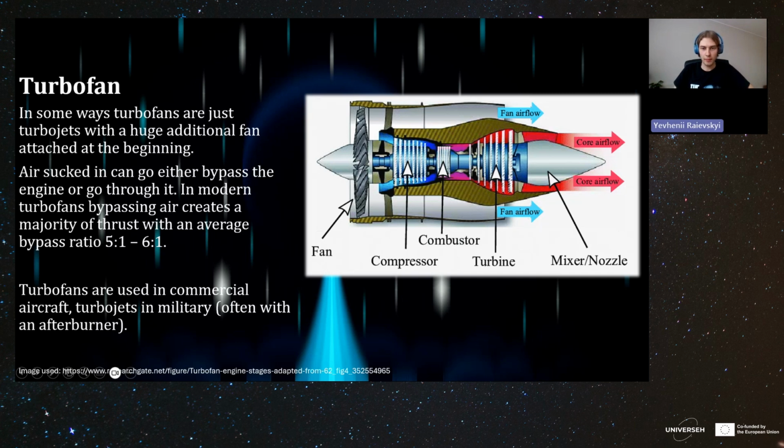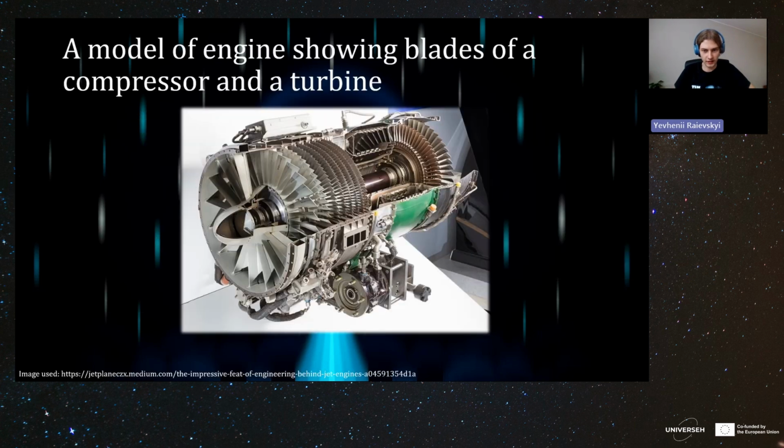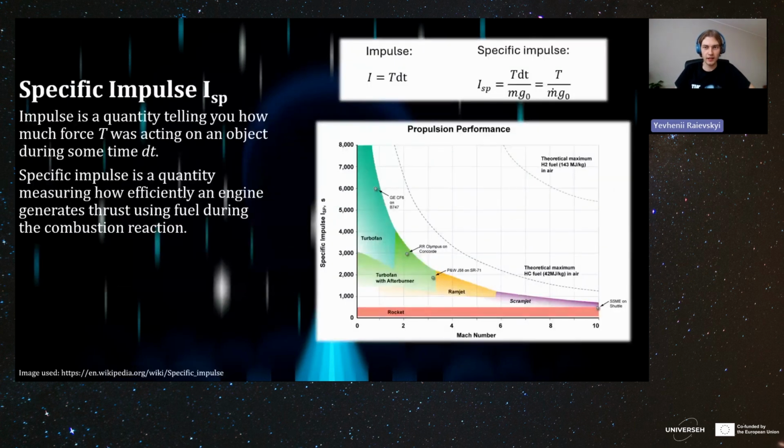And this bypass air also generates thrust, but the trick is that this bypass air is included in the thrust but of course isn't burned.